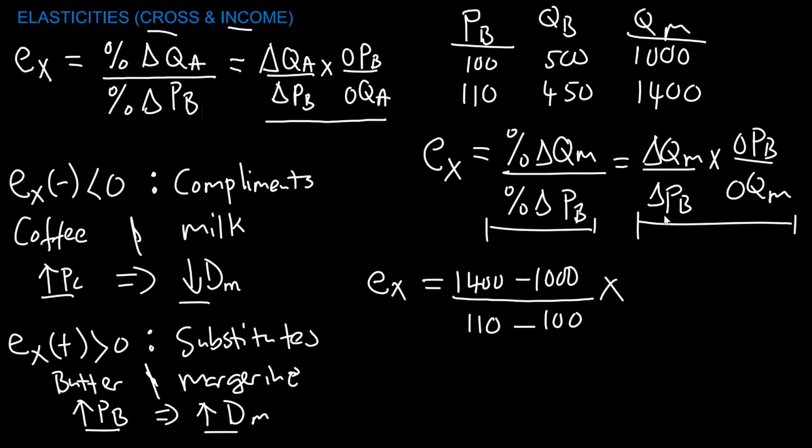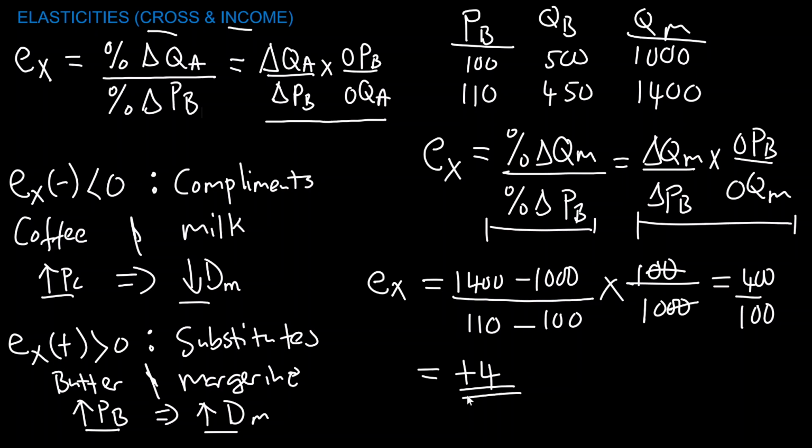Then you multiply by the original price of butter, which was 100, divide by the original quantity of margarine, which was 1000. These zeros can cancel out, and if you solve this, you have 400 over 100, which is equal to plus 4.